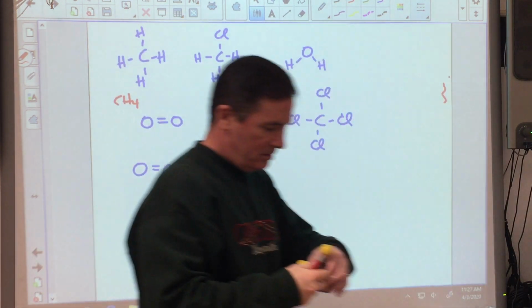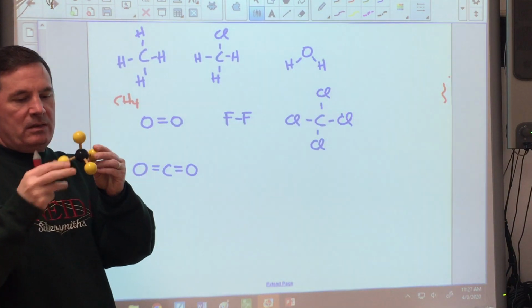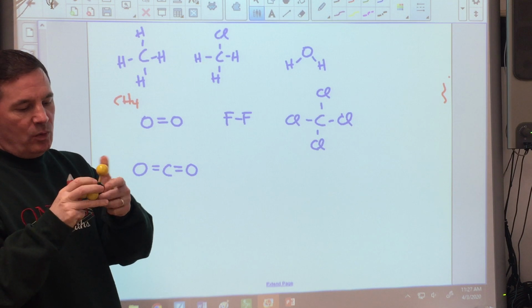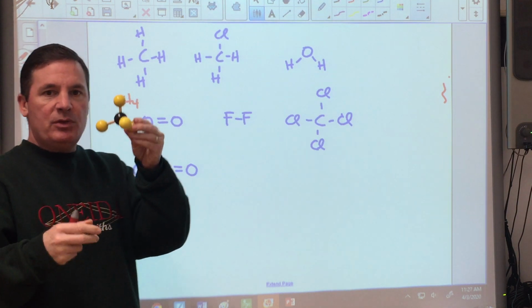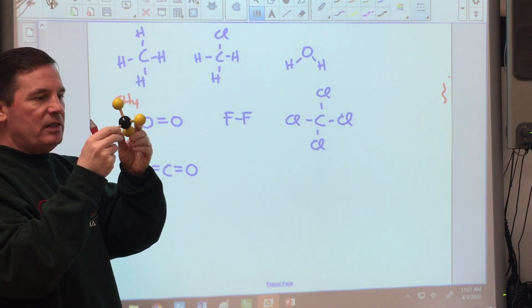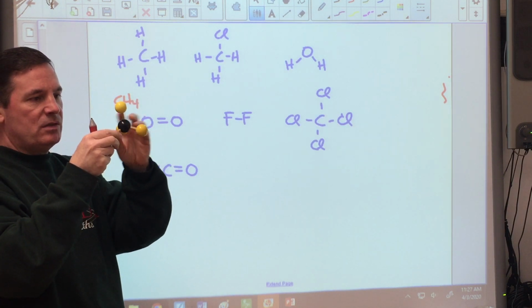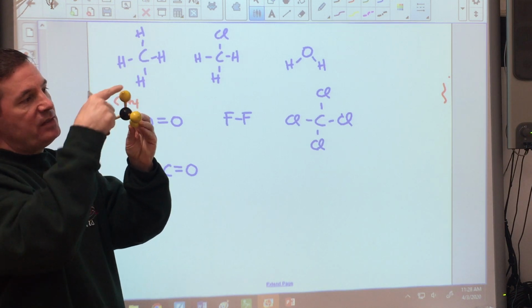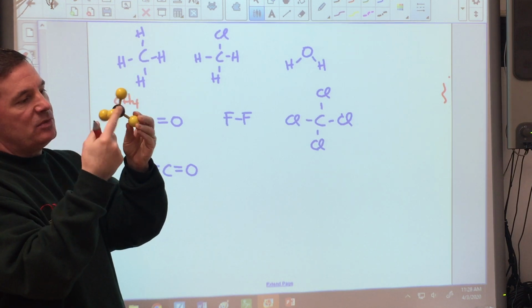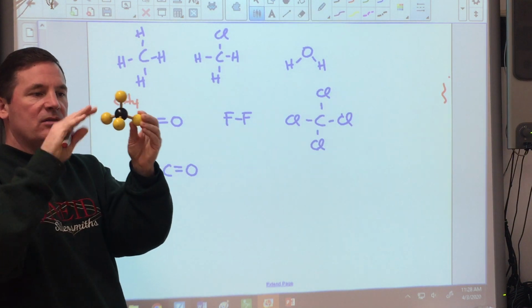I've made it here. Now, it's nicer to work with the models. Fortunately, we can't do that. But if you look at this, you can see that no matter which way I turn this, I'm going to get the same shape with the same kinds of atoms spread out equally.